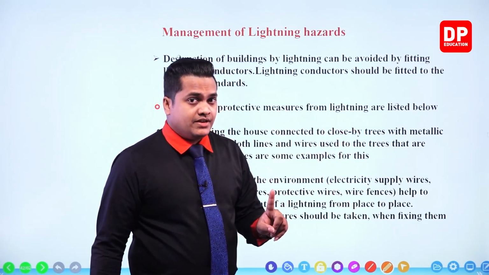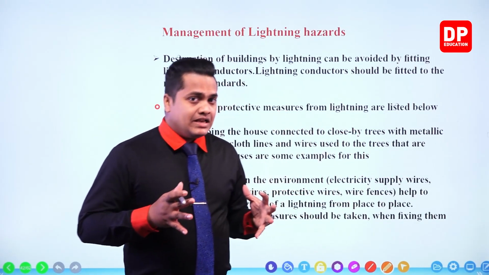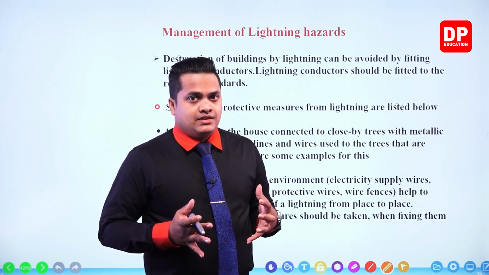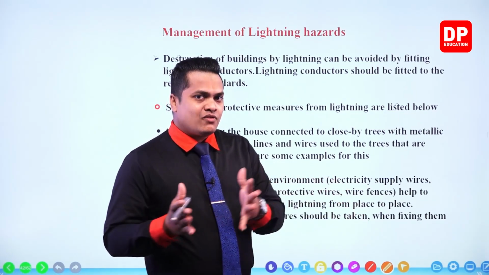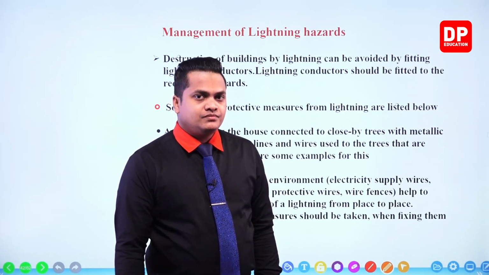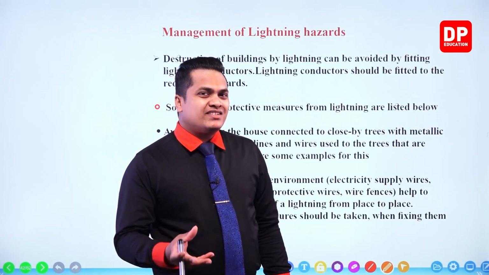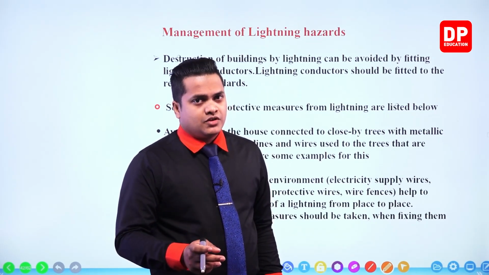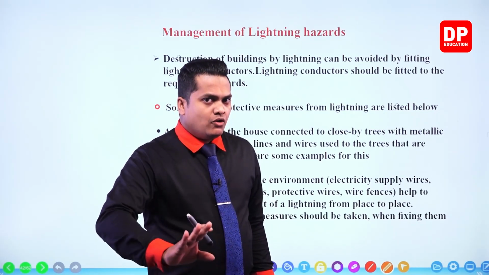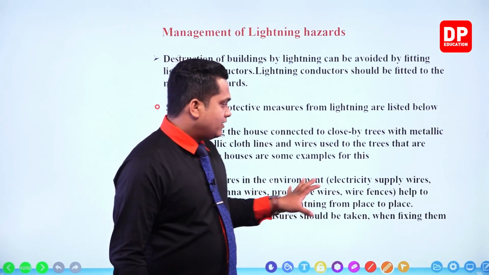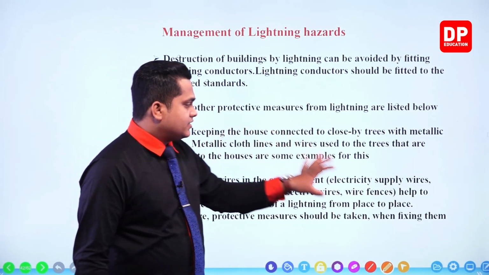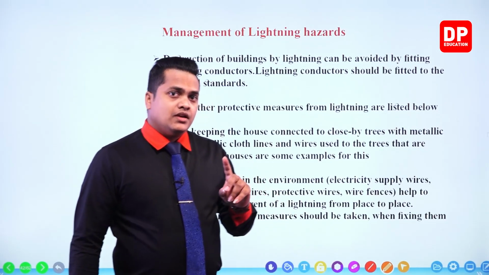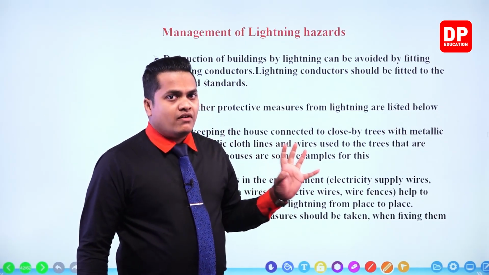So like I said, my dear children, this lightning process is passing electricity from one place to another. So electricity is mainly passing from conductors. So if your house is going to contain these kinds of wires, then at least you need to cover those things.